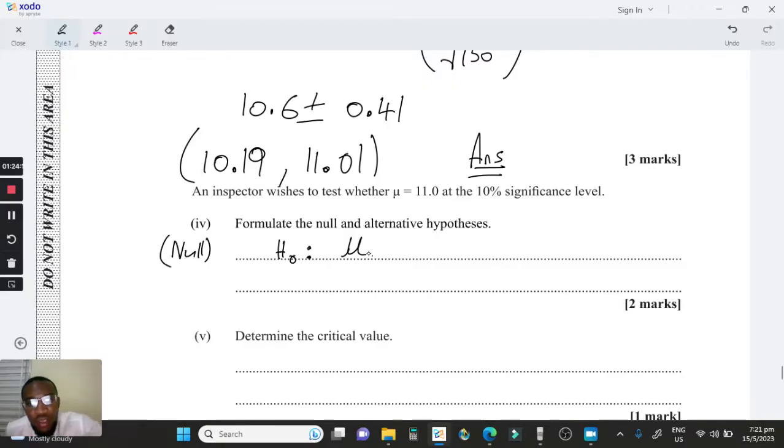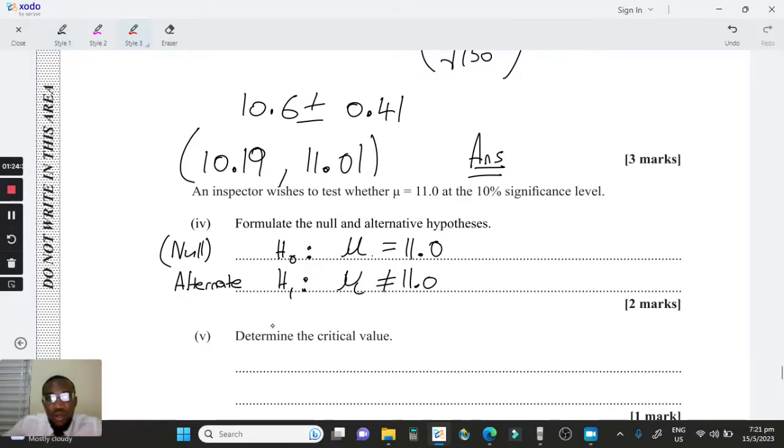We're stating, of course, that the mean is 11, but we're always trying to disprove that statement. So our alternate is going to be that we do not believe it is 11. That's our alternate hypothesis.